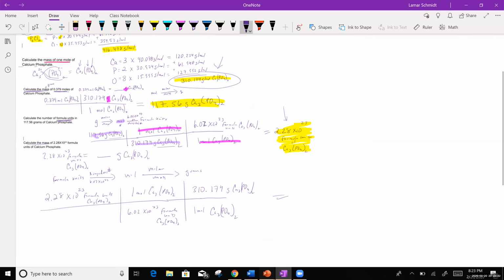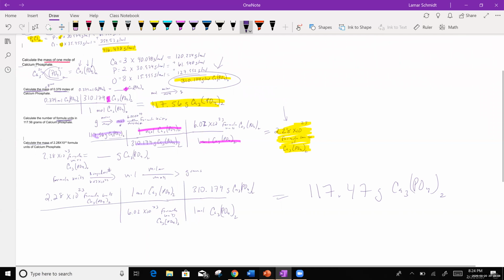So you can either plug that in your calculator, or you can just take 2.28 and divide that by 6.02 and then multiply that by 310.174, and you'll get 117.47 grams of calcium phosphate.